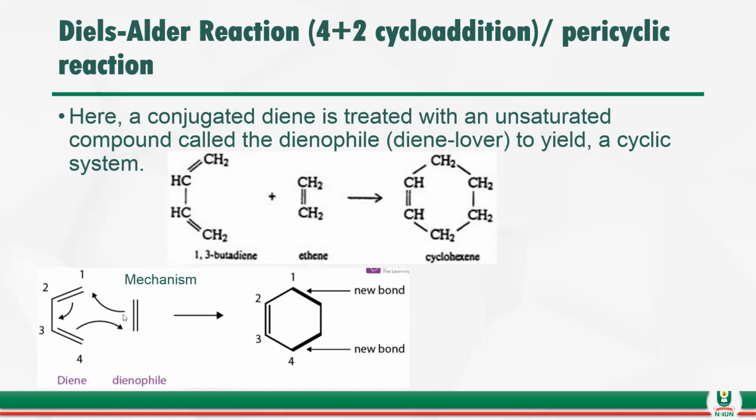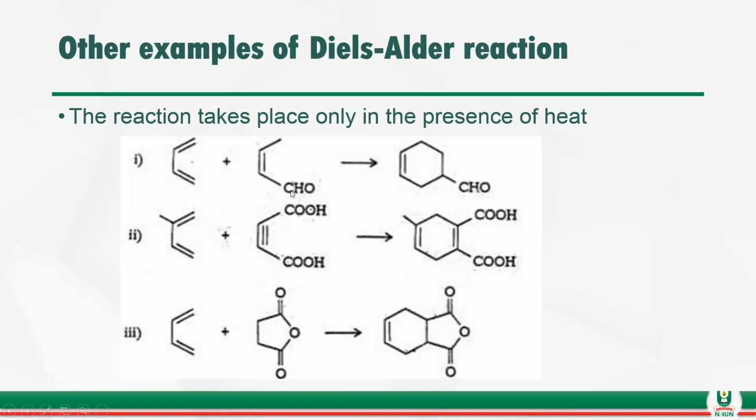That is the mechanism. The difference between what you have here and this one is just the presence of this aldehyde group. However, this aldehyde group is not part of the mechanism. The mechanism is that this double bond will move to this position, and then this double bond here will come to this position, and then this one will come to this position to form a new bond here, and this one forms another new bond in this other place.